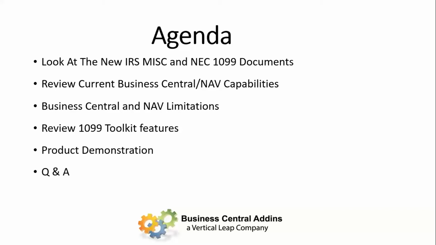We're also going to look at the Business Central and NAV limitations. What can it not do that it ought to be able to do? Then we're going to go over and take a look at the 1099 toolkit in Business Central, and we'll talk about the product features and then look at it, and then we'll move on to questions and answers.